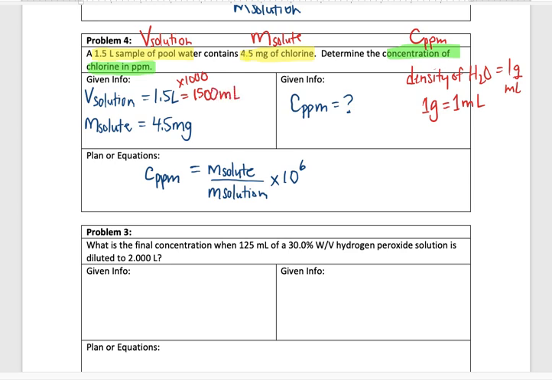And the cool thing is, we know a milliliter is the same as a gram, so I can change this to grams.